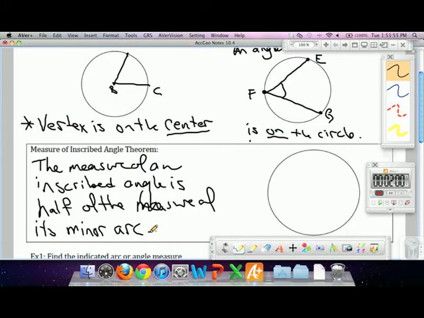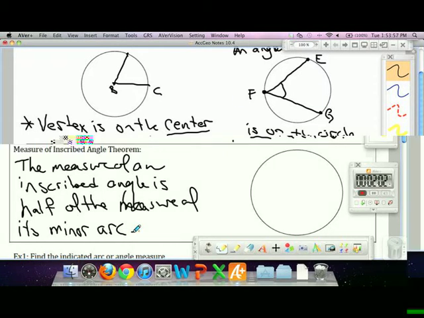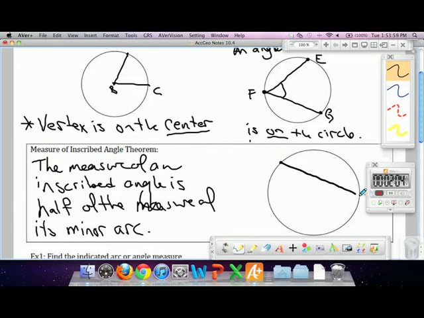So for example, if I call this inscribed angle angle 1, if its minor arc is, say, 70 degrees, then what's the measure of angle 1?